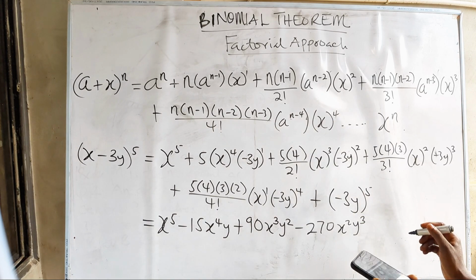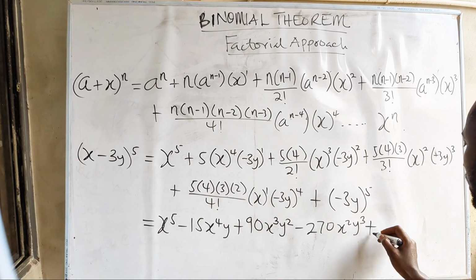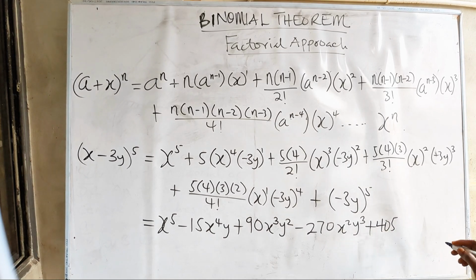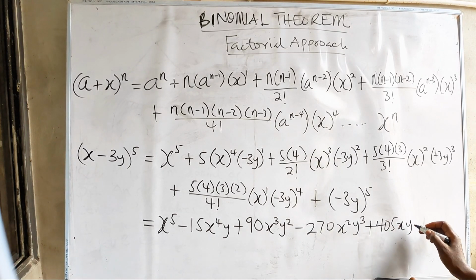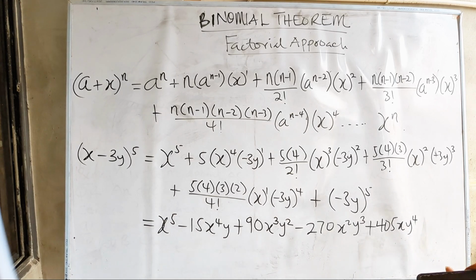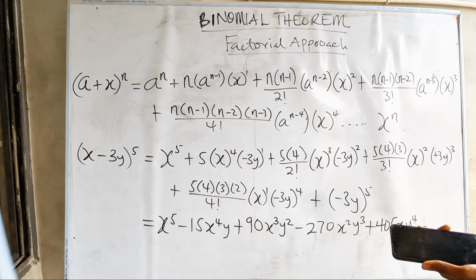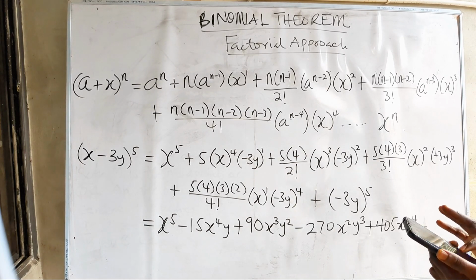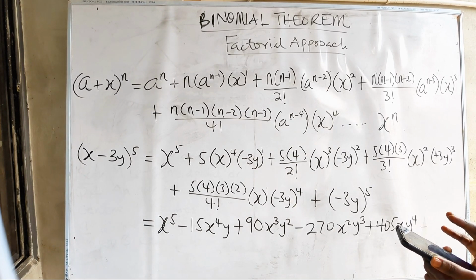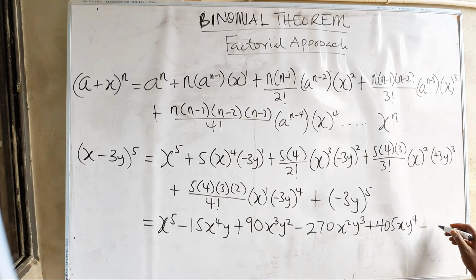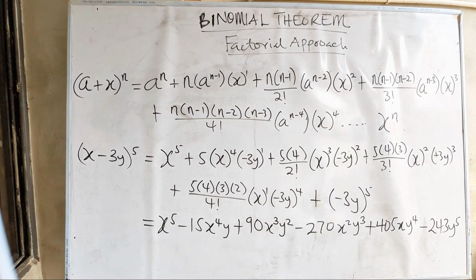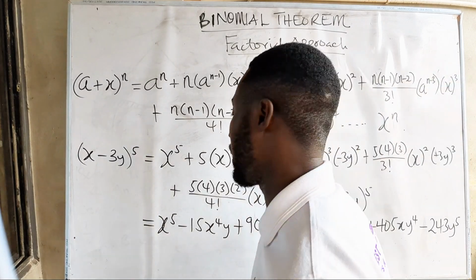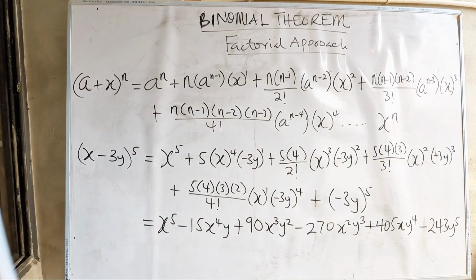That will give us 405. So plus 405 x and then y exponent 4. Then the last one minus 3 exponent 5 will give us 243 y exponent 5. So this is what we are going to get.